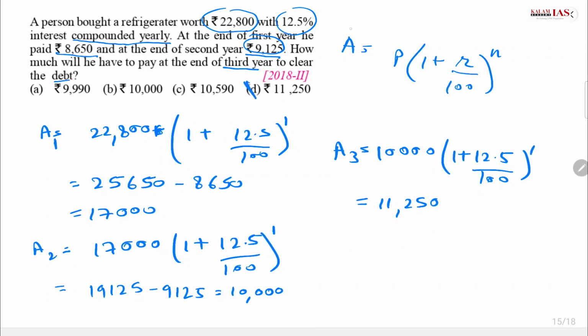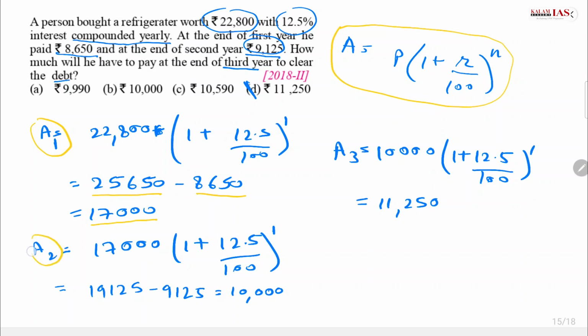We have to apply this compound interest formula three times to arrive at the answer. As we can see, for the first year, the amount the person has to pay is 25,650, out of which he only paid 8,650. So the amount left is 17,000.